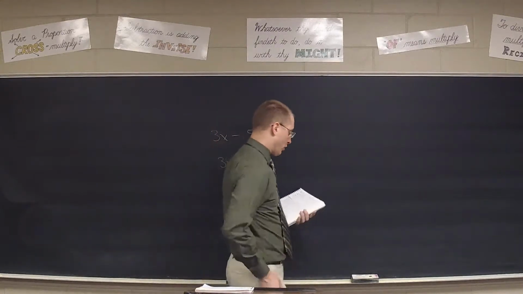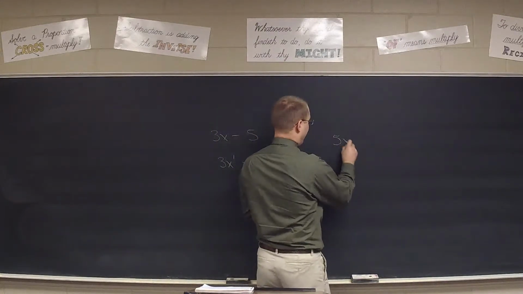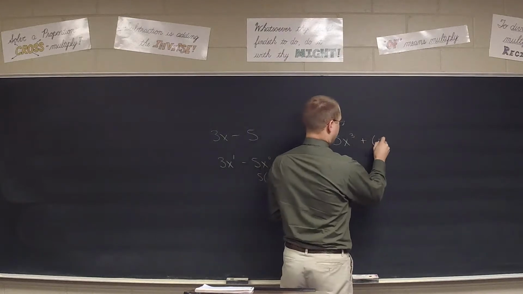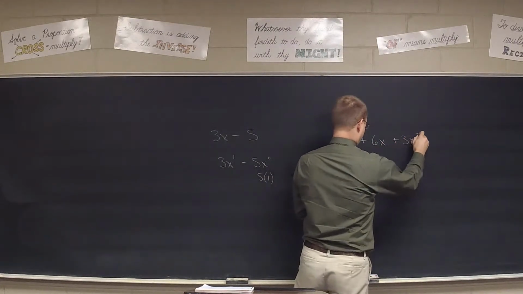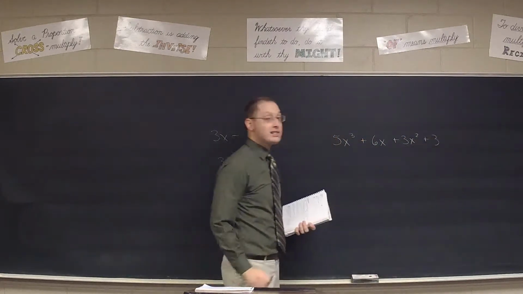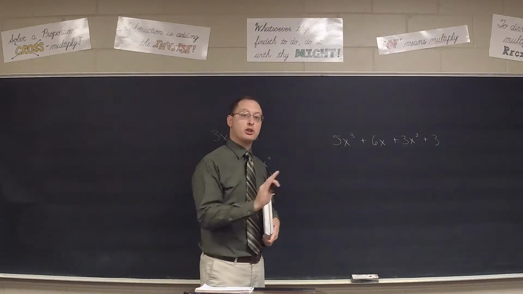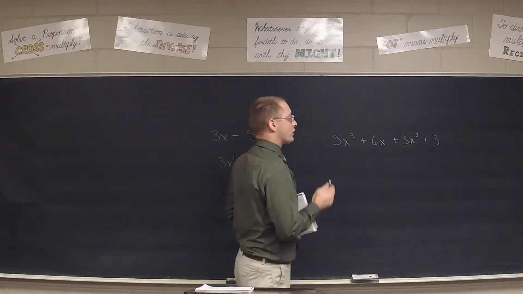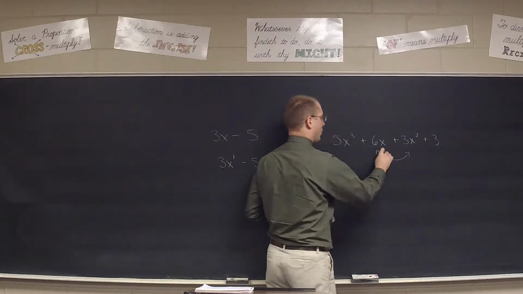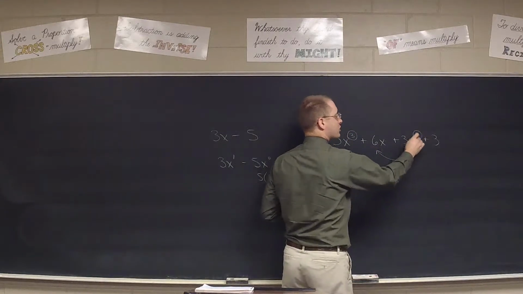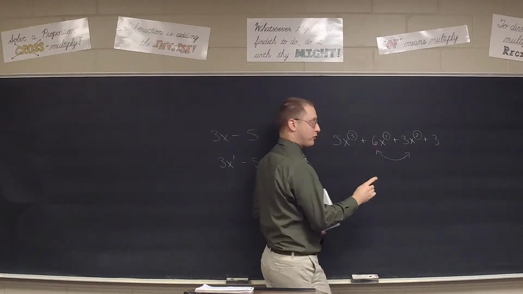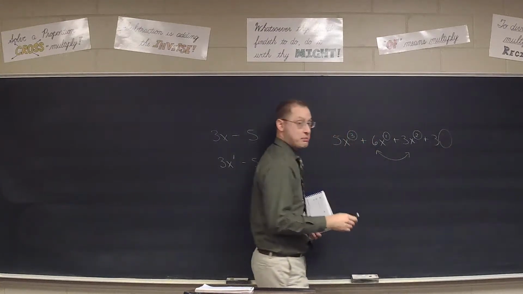So is it entirely wrong to say 5x cubed, positive 6x, positive 3x squared, positive 3? Not entirely wrong, but again, with where we're going with this in the coming days, you're going to want descending order. The cube, then the square, then the understood first power, then the x being gone, or the x to the 0 power.